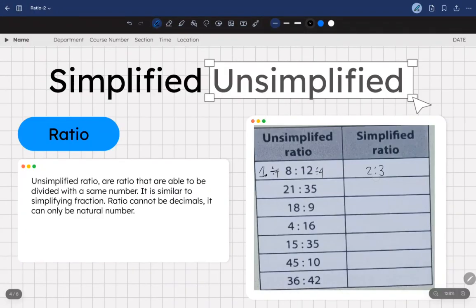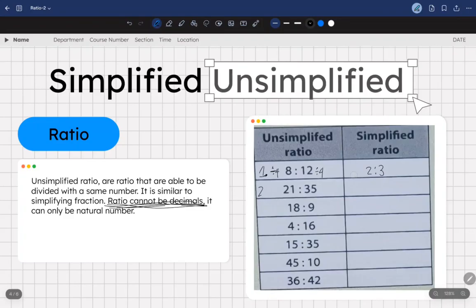Now we no longer can simplify this because if we divide this by 2 and that by 2, this will be decimal since it's going to be 1 to 1.5. But in ratio, decimals are not accepted. Ratios cannot be decimals. Remember this. And therefore, the most simplified version of this ratio is 2 to 3.